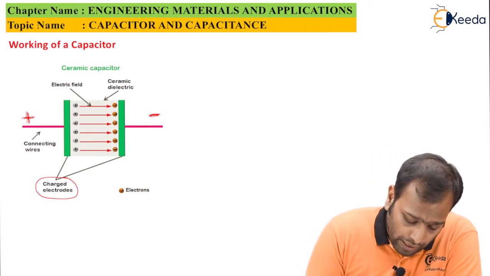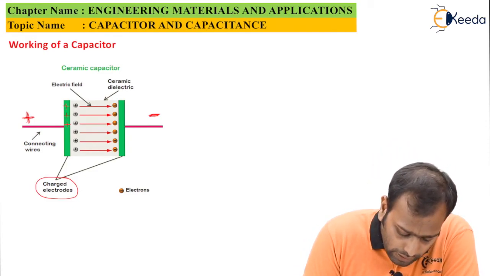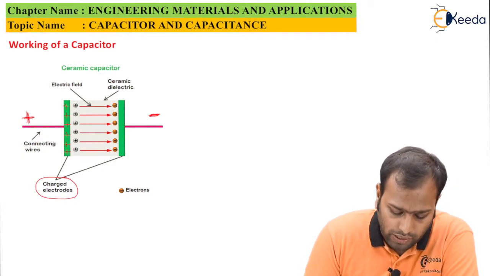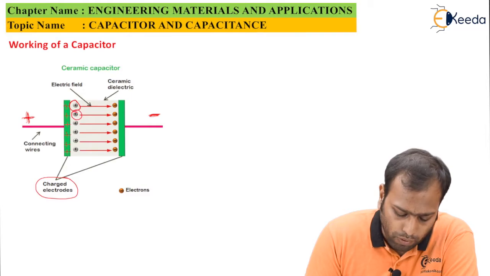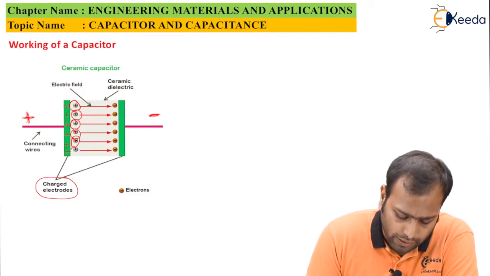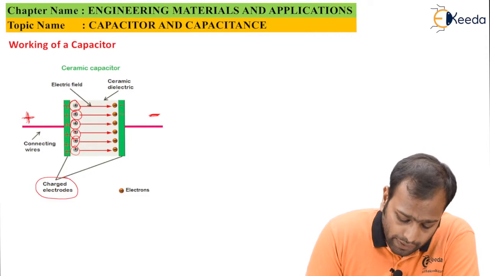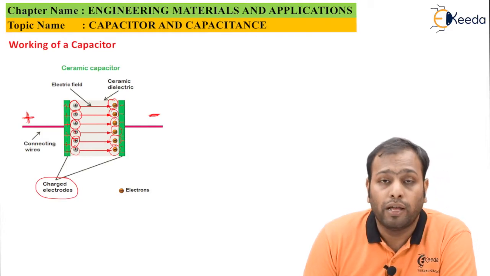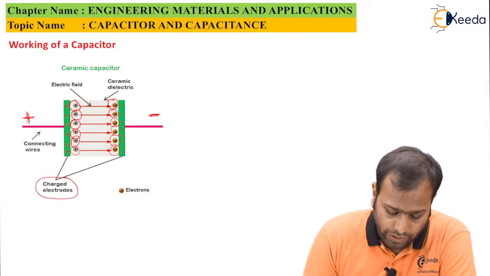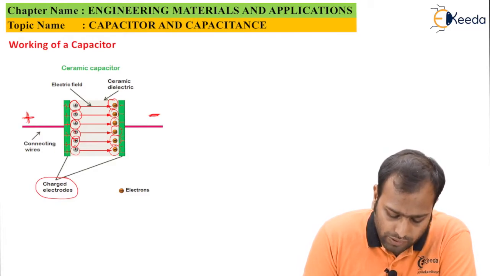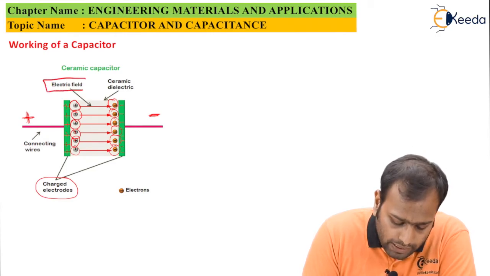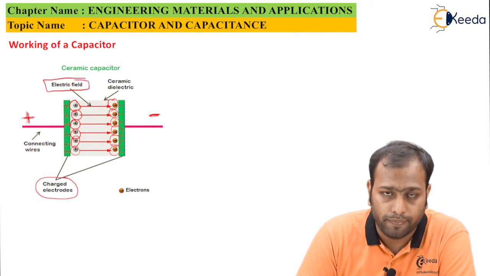Now, having positive charge on the metal plate gives rise to positive charges on the side of the positive plate, as you can see here. Similarly, negative charge on the metal plate gives rise to negative charges, and therefore an electric field is generated which rises from the positive side and terminates on the negative side. This is nothing but the electric field.